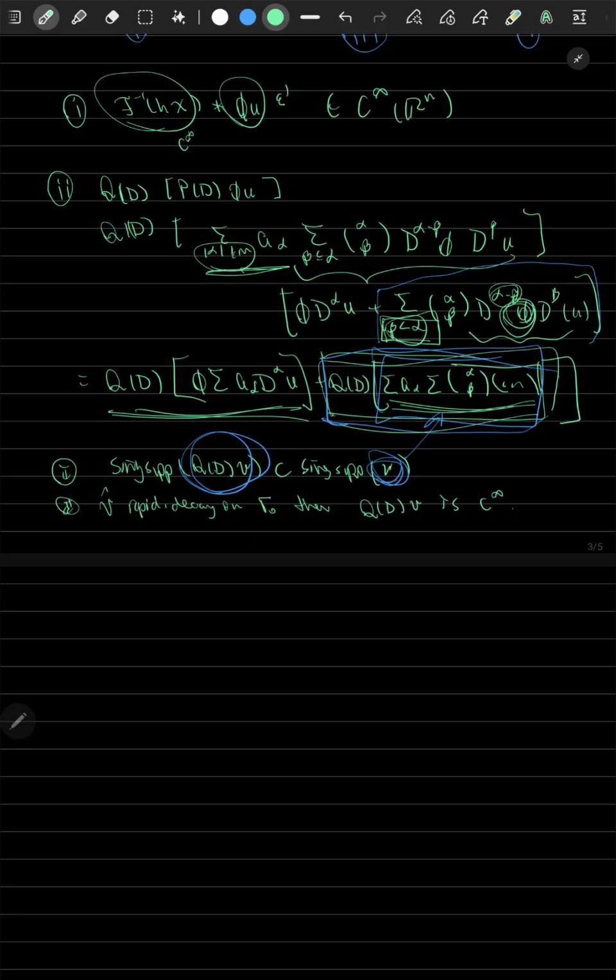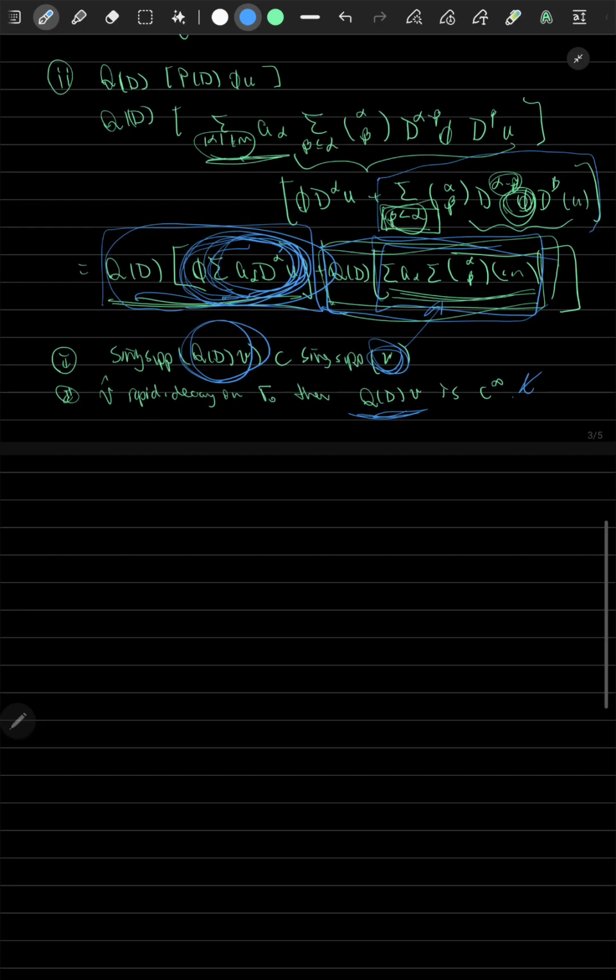And now to show that this second term is smooth, we just use this fact here, because V hat, by assumption, right? Because this is just P_D of u. By assumption, we had that P_D of u is rapidly decaying on gamma 0, and that means that Q_D of V is, of course, C infinity everywhere, right? So this term is C infinity on the ball of radius r prime, and this is C infinity everywhere.